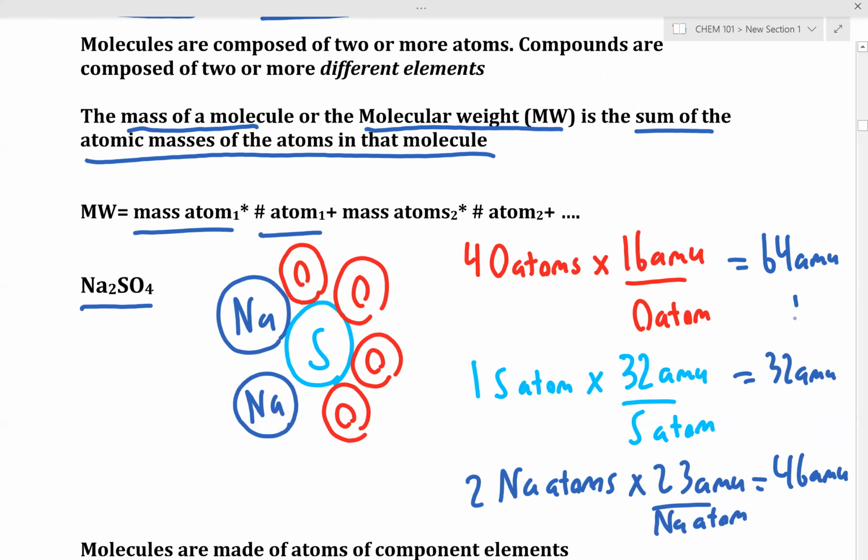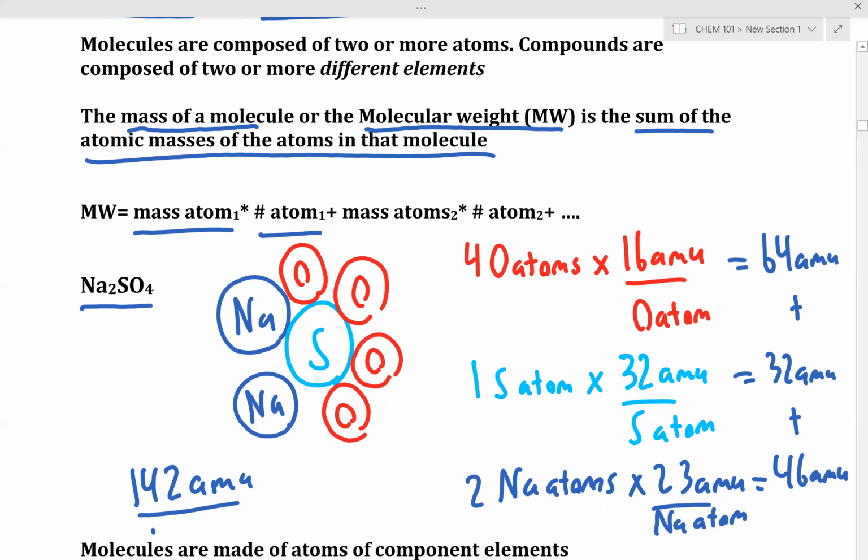molar mass of 142. Now, what are the units for this 142? So AMU, because our mass is in AMU. And now, what is this the mass of? What did we measure the mass of? A molecule. So instead of AMU per atom, it's AMU per molecule.